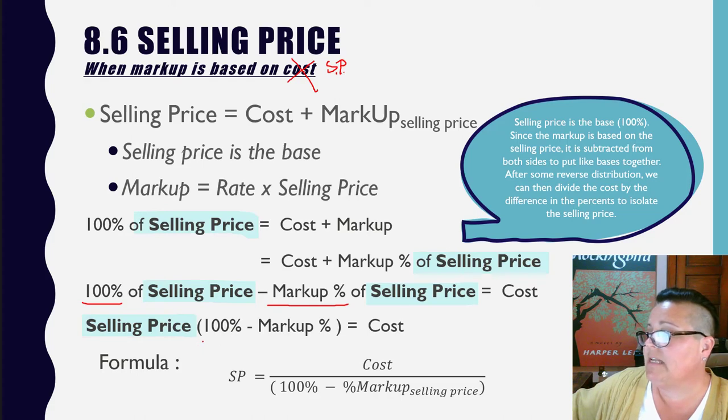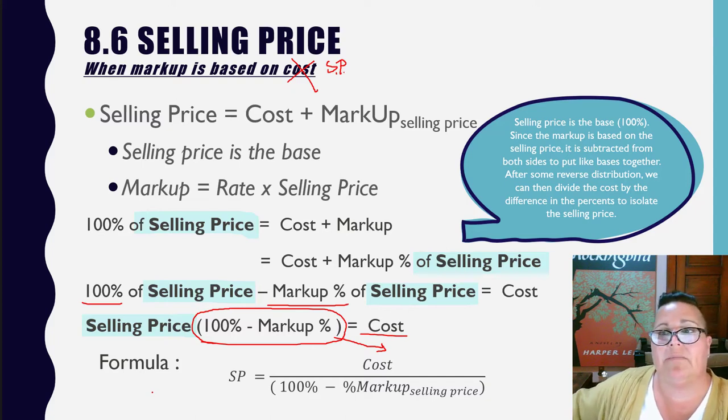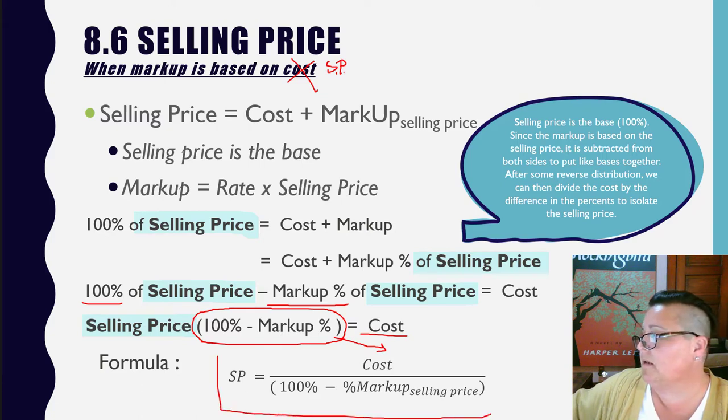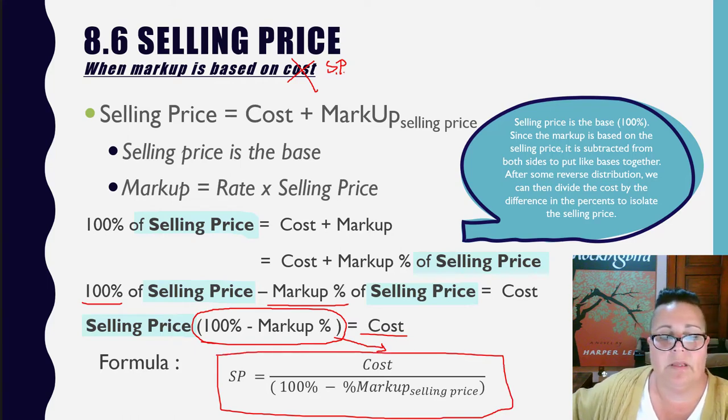If I'm looking for the selling price, then in order to get it alone, I'm going to take this whole piece and divide the cost by it, whatever that percent might be. All right. This gives us our new formula. Here we go. Formula. There we go.